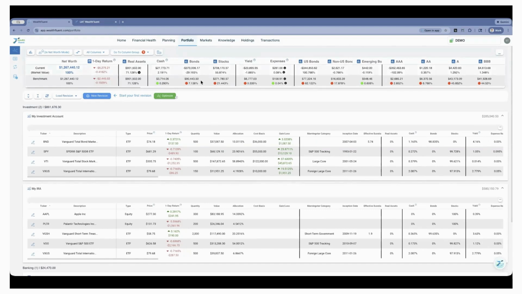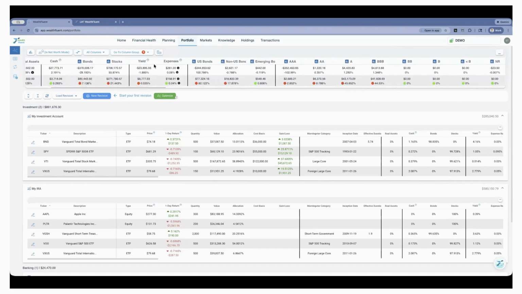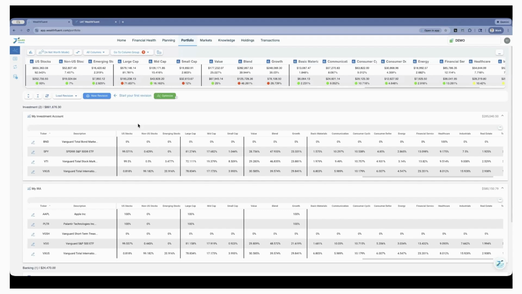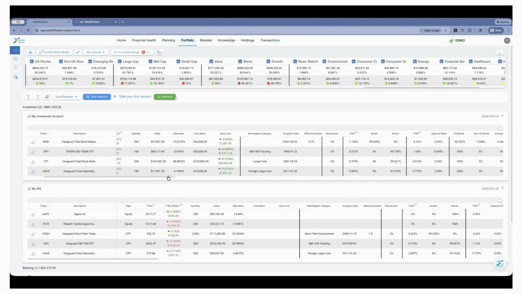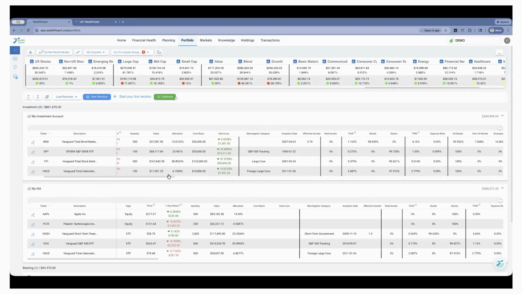The allocation widget at the top lets you navigate, if I want to understand where credit quality is, or if I want to just look at the global distribution of the stock piece of my portfolio, I can see that. And then it also will navigate to that within the accounts as well. So there's close to 60 different ways to slice and dice here. And this all comes in from Morningstar.